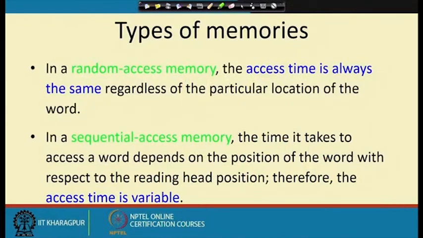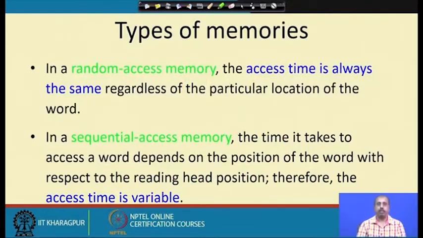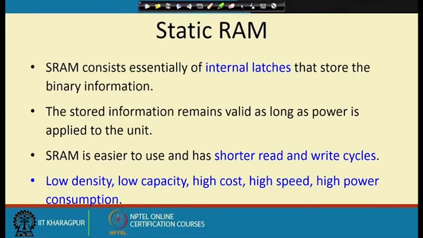So, this is the problem with sequential access: the access time becomes variable. In case of random access memory, depending upon the technology we can immediately find out the access time, but in case of sequential access memory, it depends on the location you are trying to access, and accordingly the access time will vary. Static RAM or SRAM is one type of random access memory.